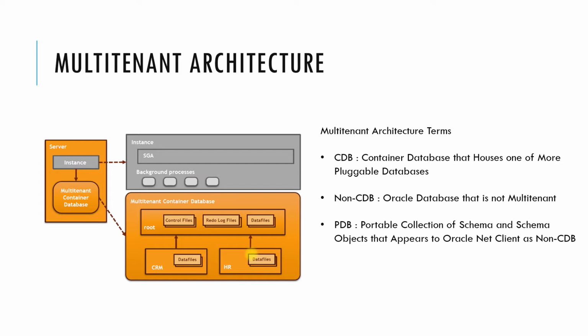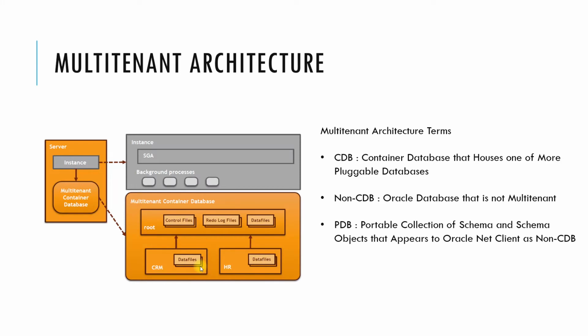So you need to make sure that you log into the CDB root and then perform those activities, if you want to shut down the database or back up archive logs or the database. Everything should be done from the container level itself. Now a PDB has only data files.